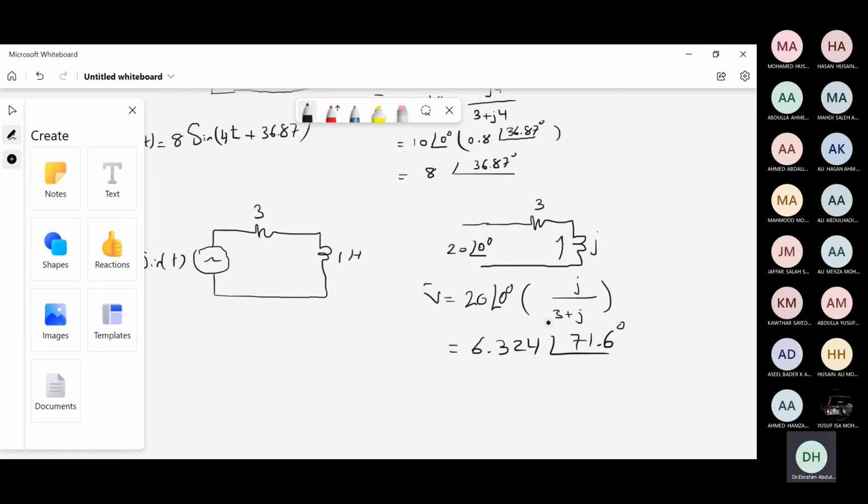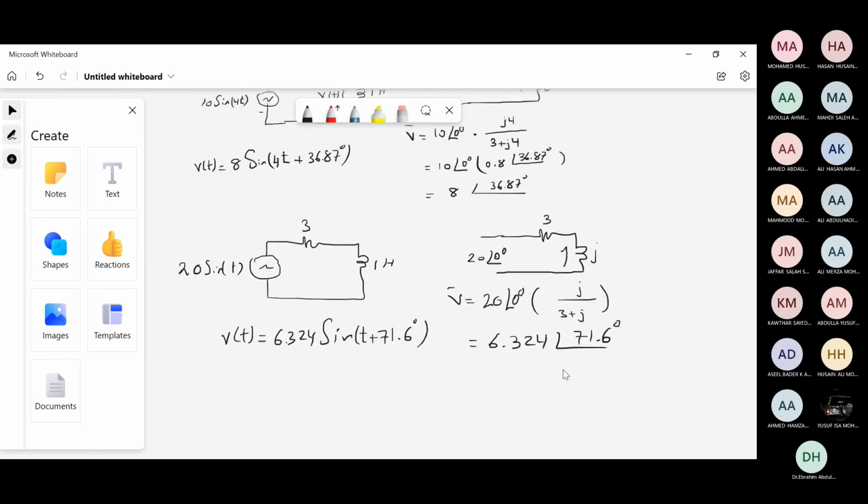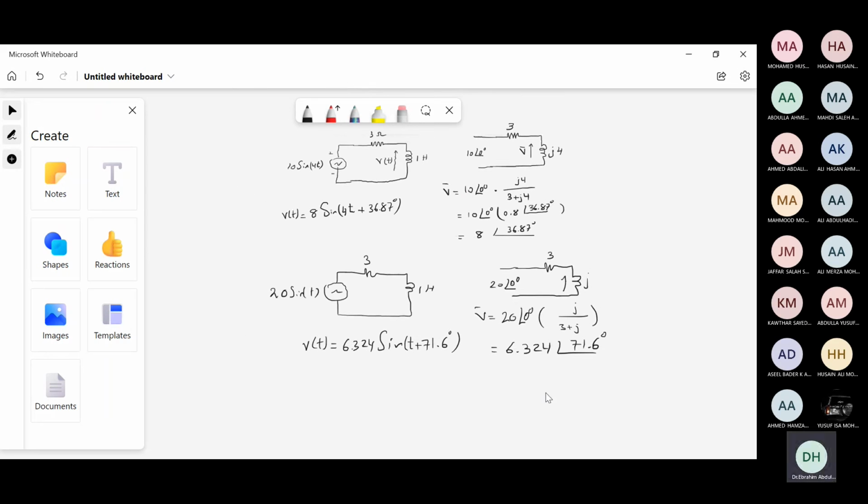So then V of t is equal to 6.324. I use again sine with omega equal to 1, so sine of t plus 71.6.